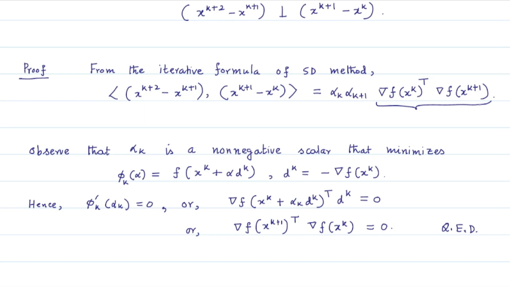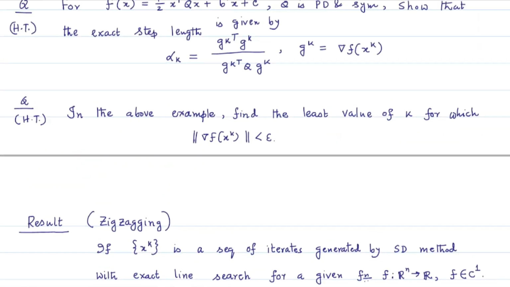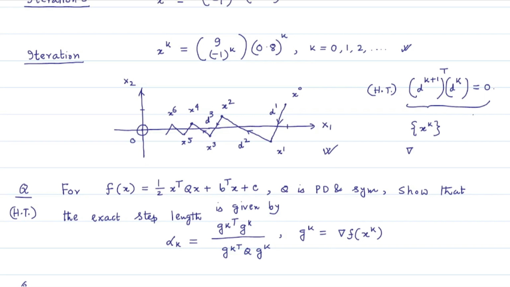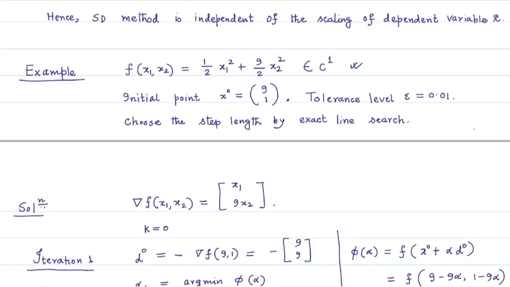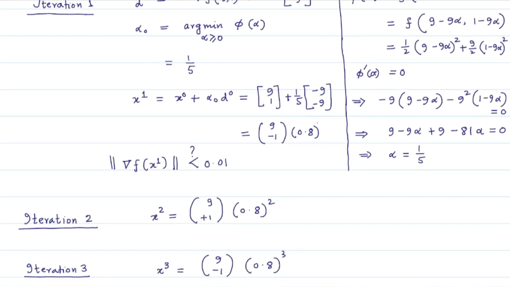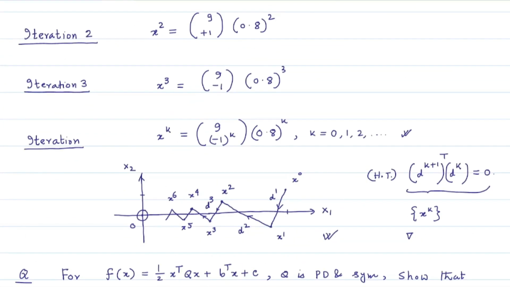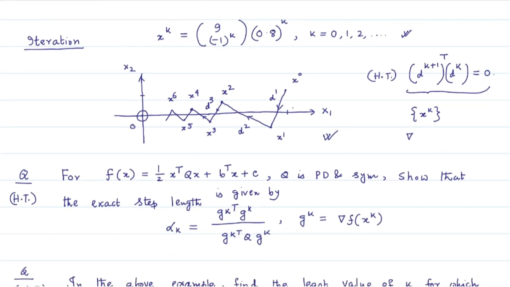Before the global convergence result, let me write here a neat observation: the function that we have taken up in this example is a quadratic function with positive definite Hessian. But the steepest descent method for this quadratic function required more than n iterations, where n is the number of variables, here n is equal to 2.